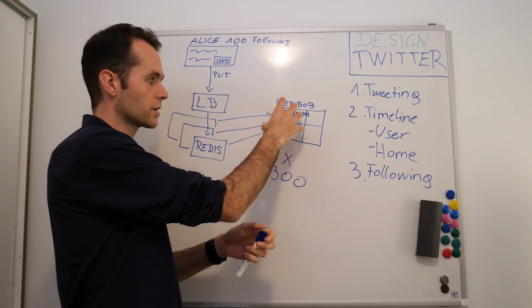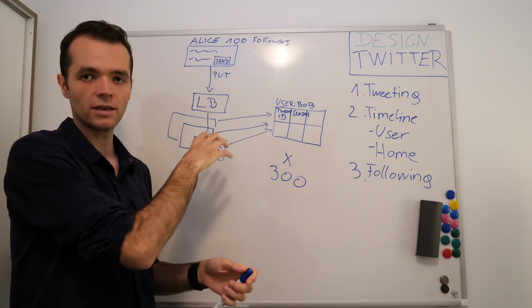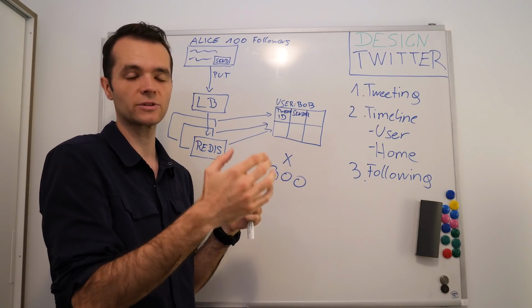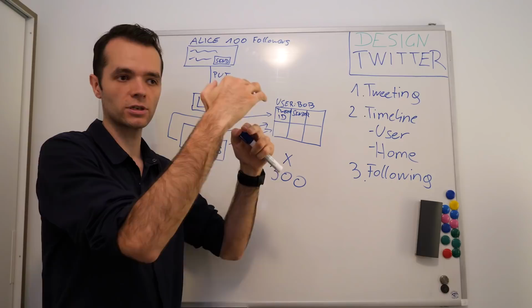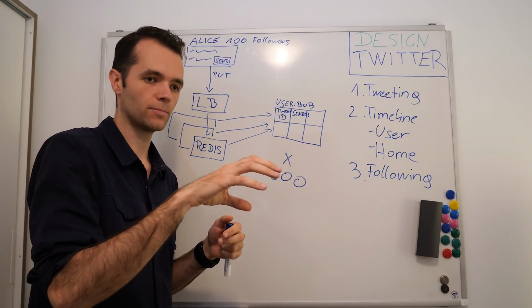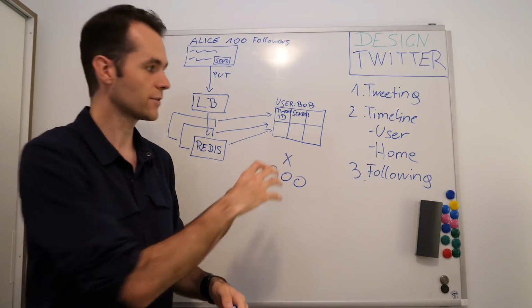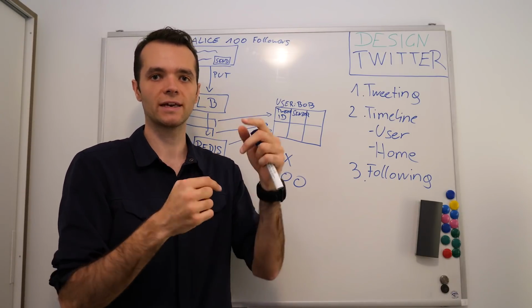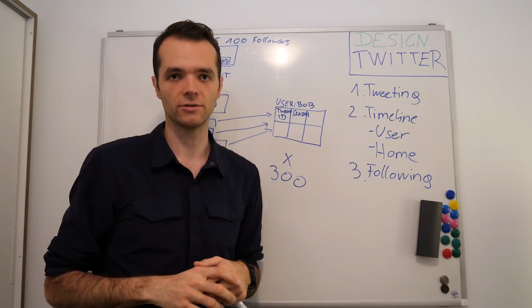His timeline will get pre-computed with everybody else except Justin Bieber, and then Justin Bieber's tweets will get merged during load time. Because when Bob accesses his timeline, everything is pre-computed, just a couple of tweets from very famous people will get inserted at runtime, so to say.